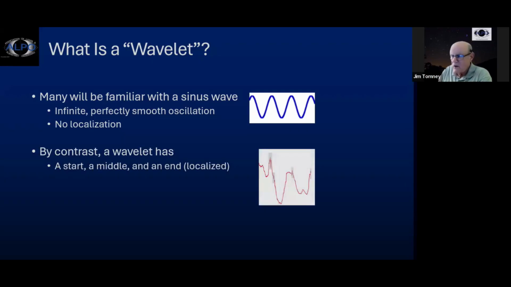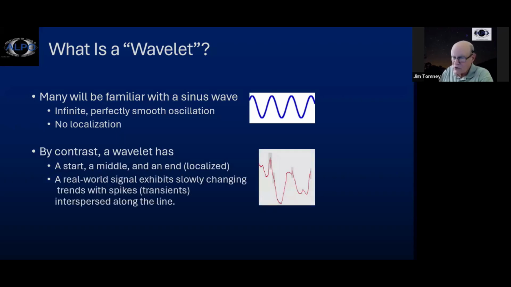By contrast, a wavelet is going to have a start, a middle, and an end. So it is localized. A wavelet is kind of like a real world signal that exhibits slowly changing trends, and it can have spikes in it, like here, which we can term transients, that crop up along the line. So you have a line going along, and all of a sudden, whoop, you have some sort of a change in it.